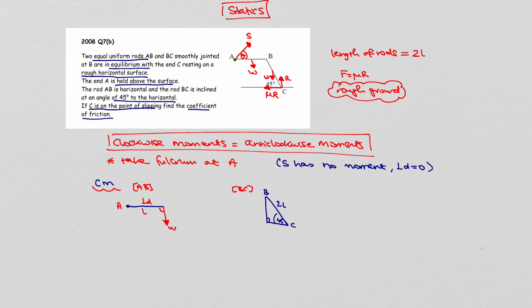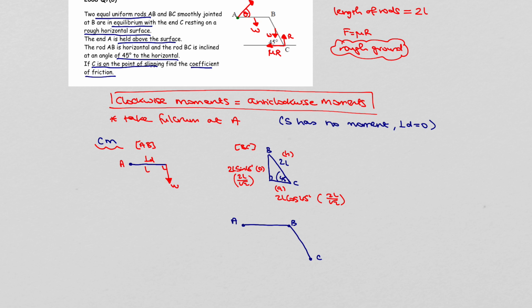So that makes this the opposite, the adjacent, and the hypotenuse. So therefore the opposite is going to be 2L sine 45, which is 2L over root 2. And then the adjacent is going to be 2L cos 45, which is, of course, 2L over root 2.